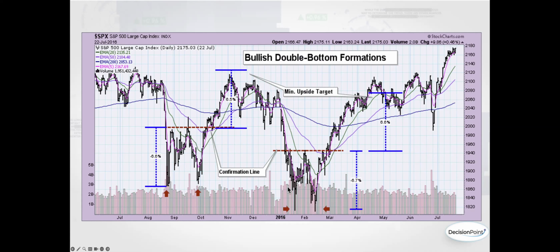So if you were watching this build, it's not technically a double bottom until you actually get the breakout above that confirmation line. You can think about what it could be doing when the setup is happening. But again, you don't expect the upside target to be hit until the pattern has confirmed with a breakout from this confirmation line.